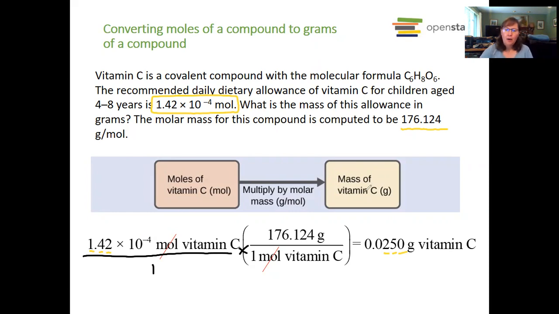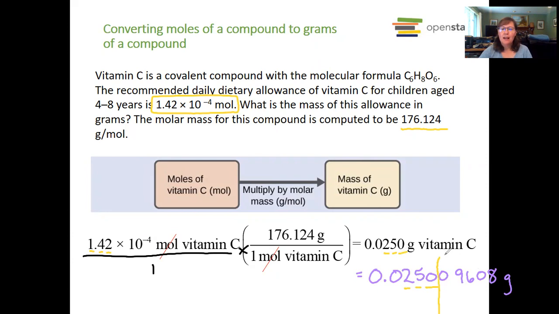All right, well, what I actually get for this answer here is 0.025009608. It's grams.